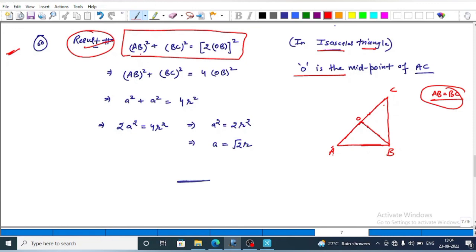In this figure, this side is a, that is a square, and this side is also a, so a square plus a square is equal to 4 times OB square. As we know that OB is equal to r, this implies 4 times r square. This implies that 2 times a square is equal to 4 times r square, that is, a square is equal to 2 times r square.